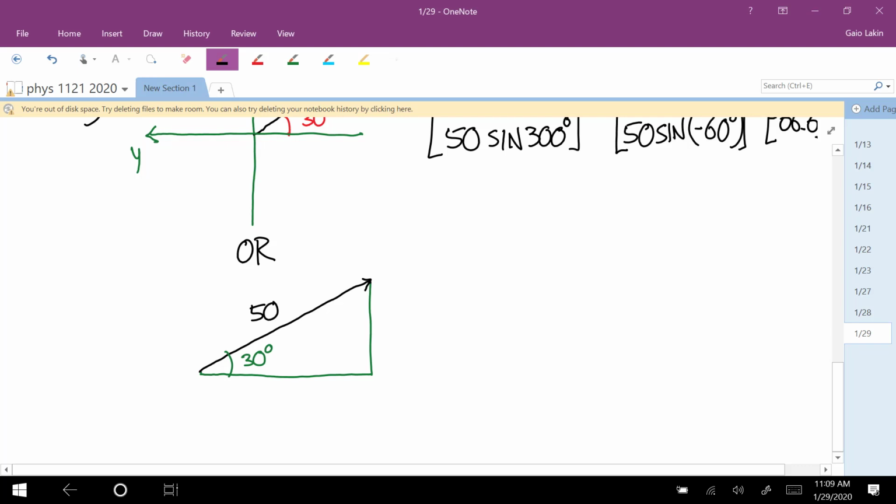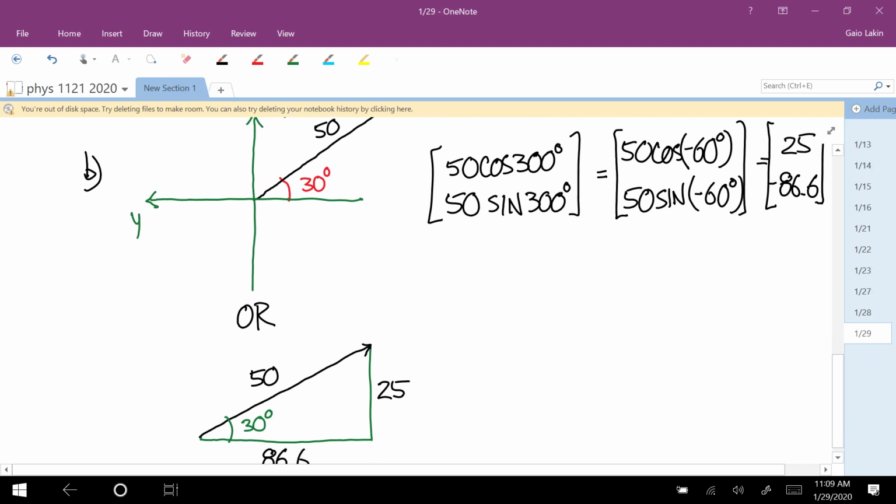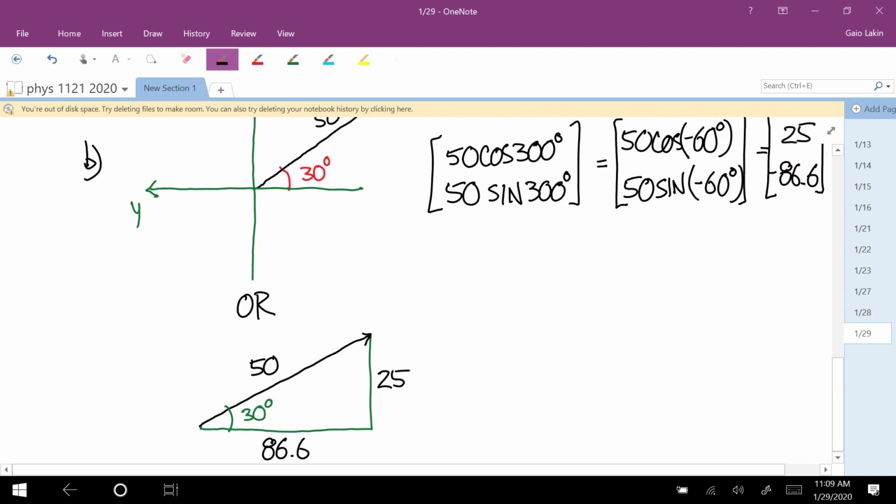And so 50 times sine of 30 degrees gives you this component. 50 times cosine of 30 degrees gives you this component, this leg length. And then you just look, this is the one in the x direction, the 25. The 86.6 is the one in the y direction, and it's negative. So you get the same thing. Any questions about that?